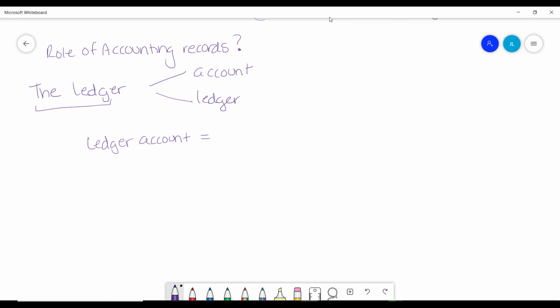Ledger account is one name, or just account. If we're just talking about an account, this is what we're talking about. So what's a financial statement item?